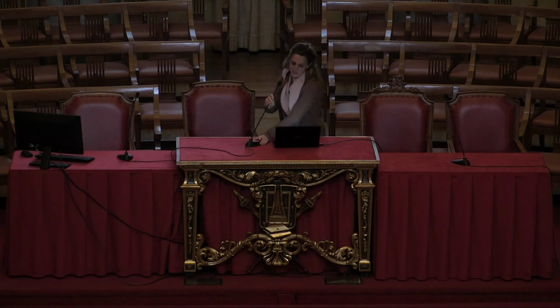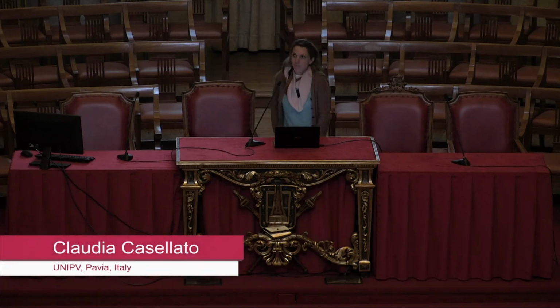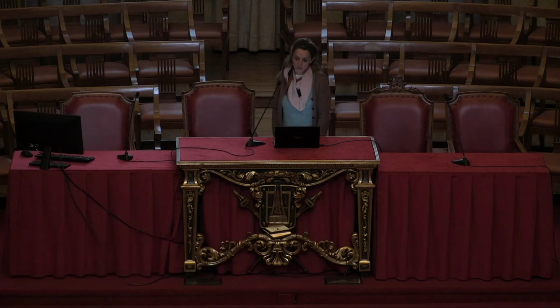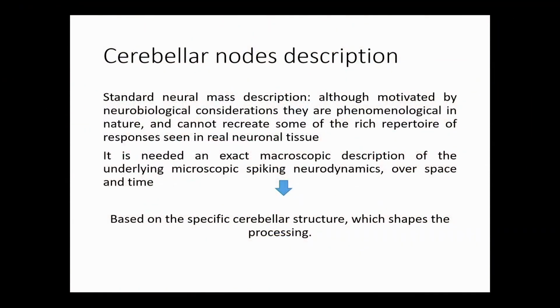Just a few slides. It's something Egidio and Fulvia already said a little bit, but the idea is to have a more detailed, fine-grained cerebellar node description. Of course, the cerebellum has a specific brain structure, but the structural properties strongly shape the processing.